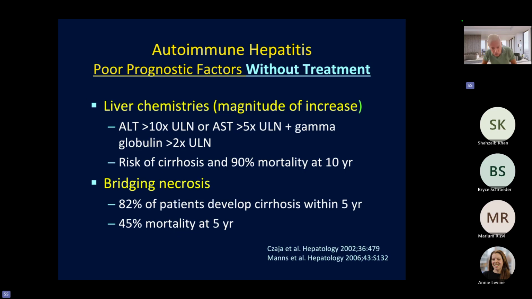Patients with bridging necrosis, that is, you see inflammation that bridges between portal areas, obviously leading to destruction of the hepatocyte, and where you destroy cells, you replace them with collagen. So this is called bridging necrosis, ultimately bridging fibrosis, ultimately cirrhosis. So those patients who already have bridging necrosis, 82%, not unexpectedly, will develop cirrhosis within 5 years, and there's a 45% mortality at 5 years. Again, this is without treatment.